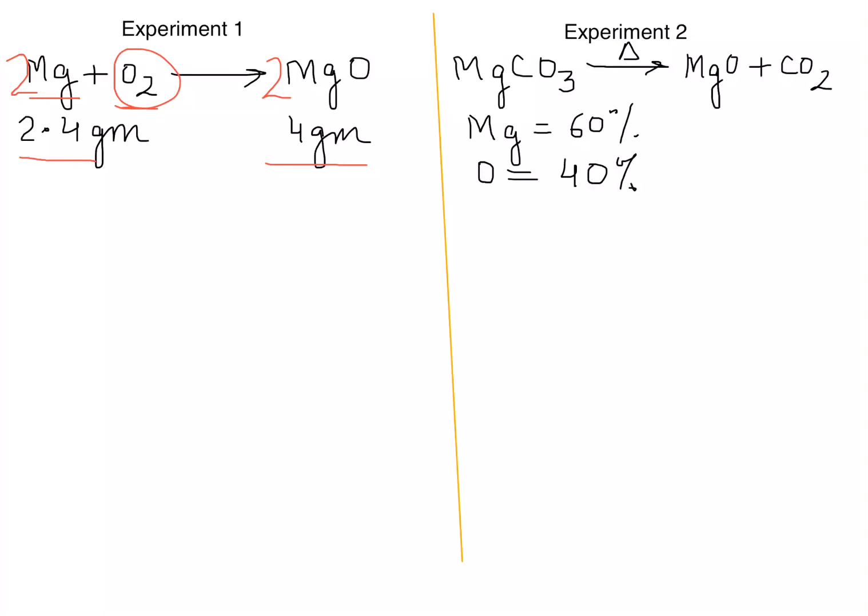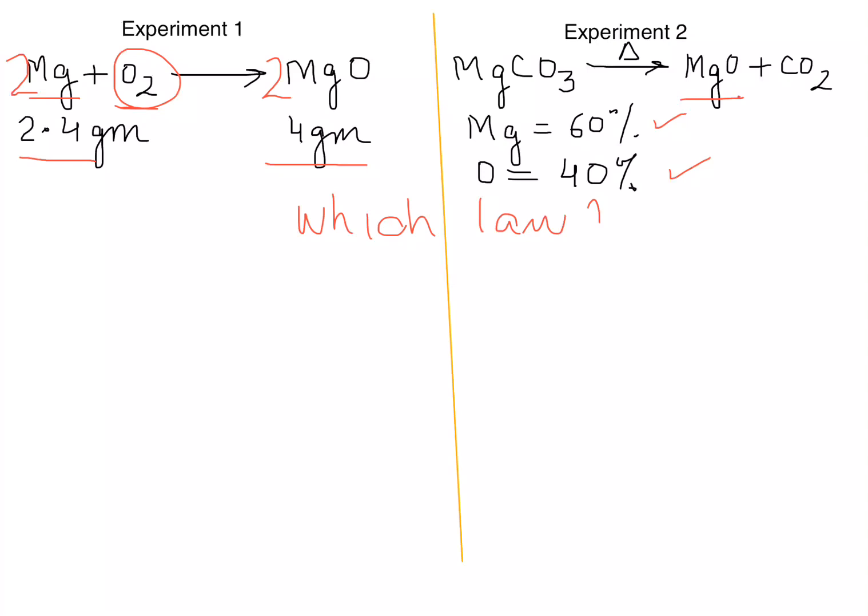On the other hand, in the second experiment, the data provided to you is that on heating magnesium carbonate, we've got magnesium oxide, which on analysis is found to contain 60% of magnesium and 40% of oxygen. So, which law is depicted by this particular experimental observation? Now, we know that it's the law of definite proportion, but how are we going to prove it?